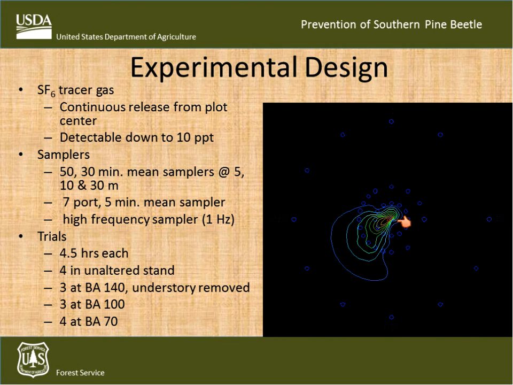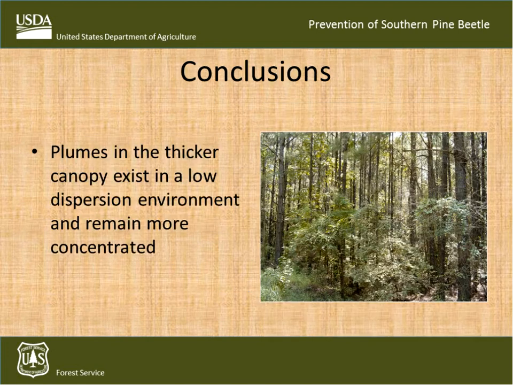And again, they looked at how this tracer gas, or in this case a pheromone plume surrogate, moved through those different densities. And what they found was that in the more dense forest, with more understory competition, that pheromone tended to just sit in that stand. So it would be easy for the attacking beetles to identify the source of that pheromone.